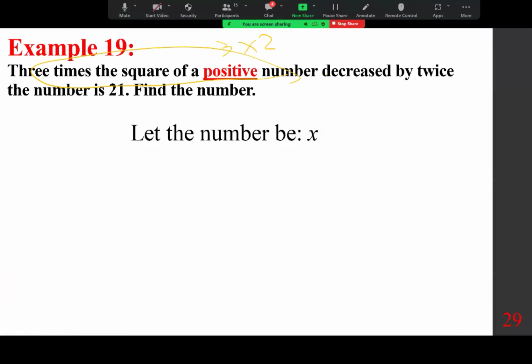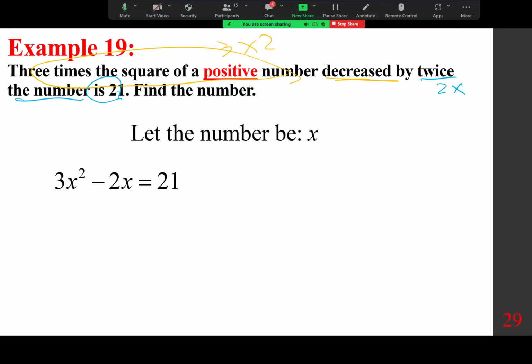Now decreased, that means minus twice the number, 2x, is equal to 21. So I think it's pretty straightforward, everybody. As long as we have the equation, we should have no problem finishing it off.